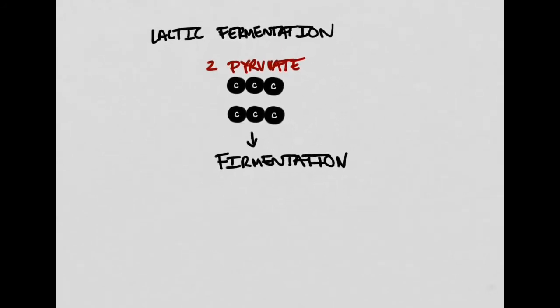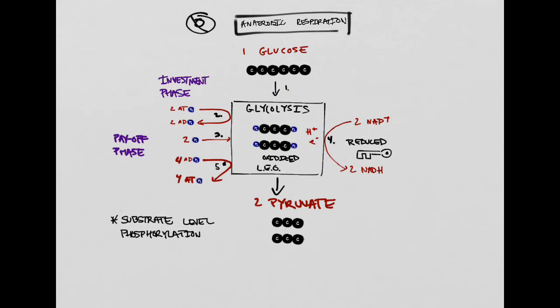You should know that the only point in which we create ATP during anaerobic respiration, we've already passed that point. That was back here in the payoff phase, when we took 4 ADP and we transformed them by phosphorylating them into 4 ATP through substrate level phosphorylation.